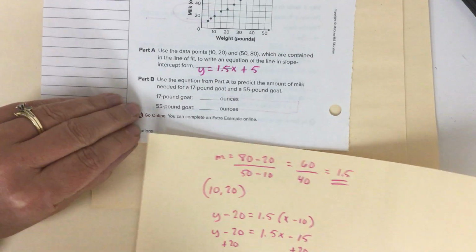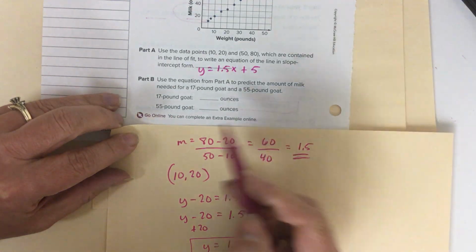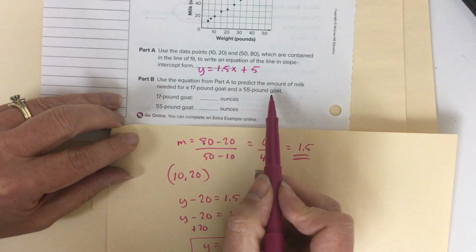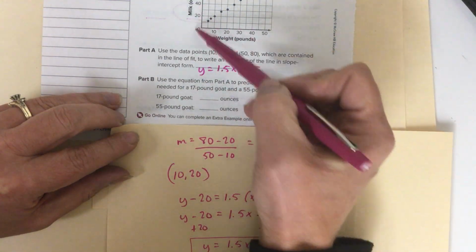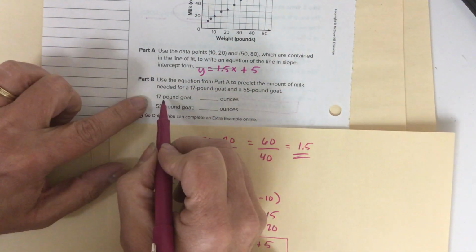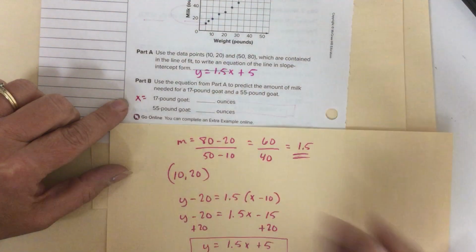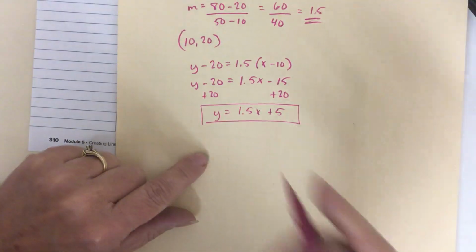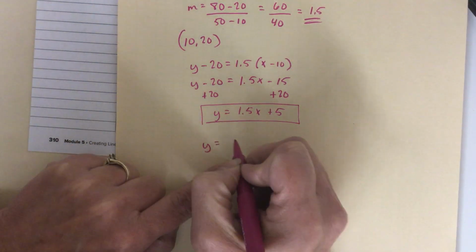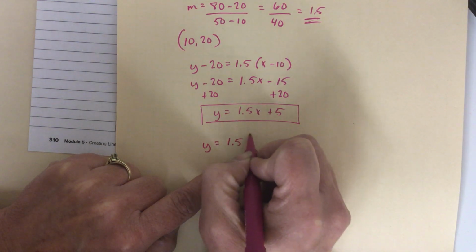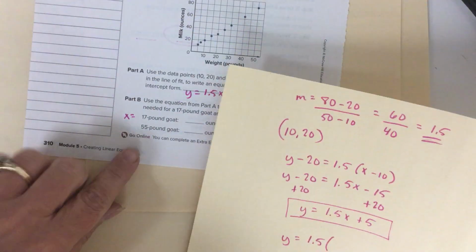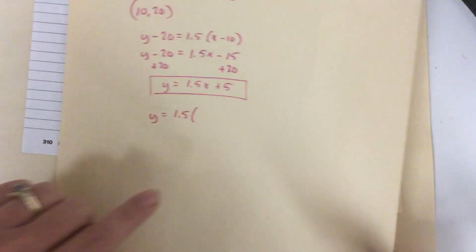Then it says use the equation to predict the amount of milk needed for a 17-pound goat and a 55-pound goat. So the weight is your x's and the milk needed is your y's. So this is our x equals 17. So we have an equation here that says y is equal to 1.5 times x plus 5, and we're going to use x equals 17.